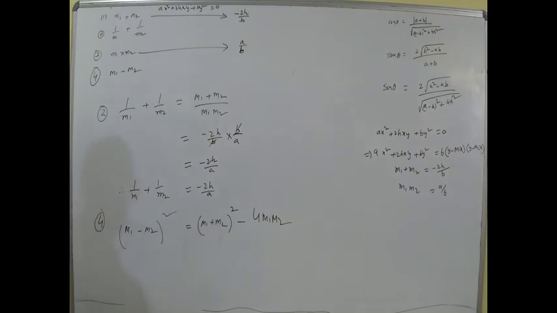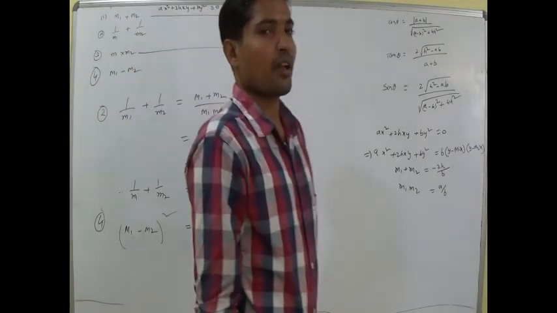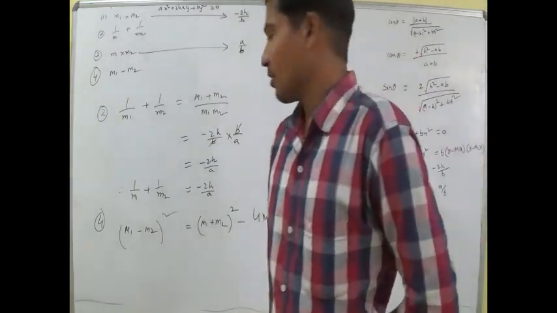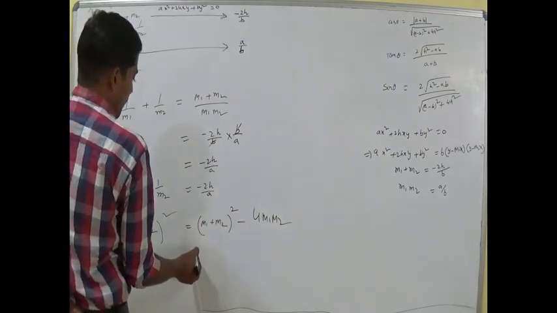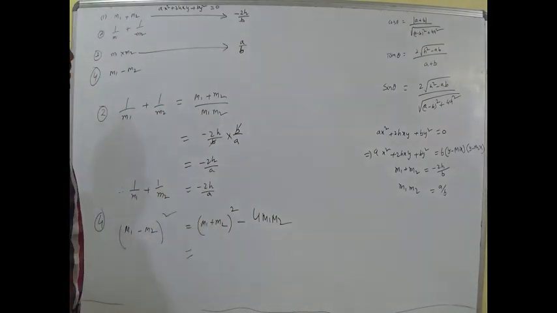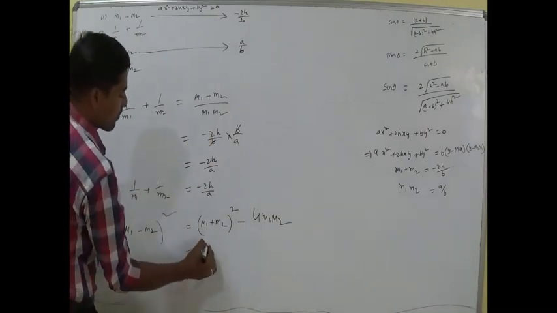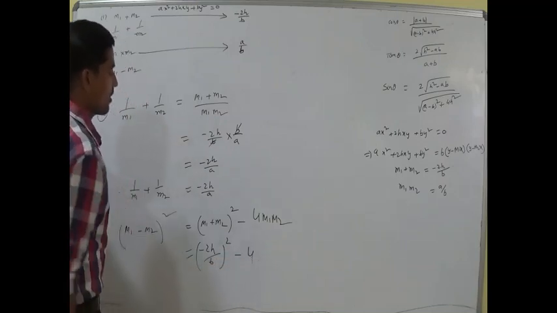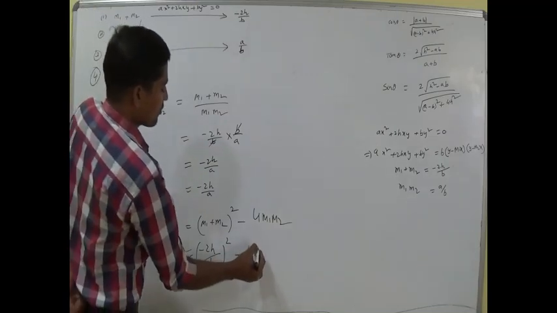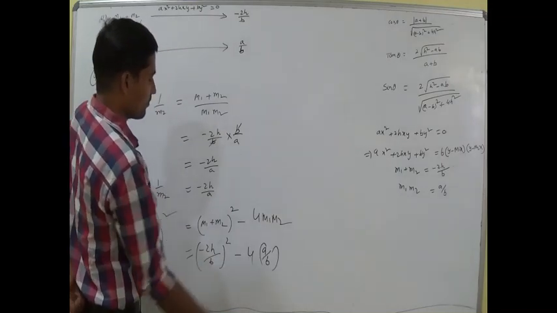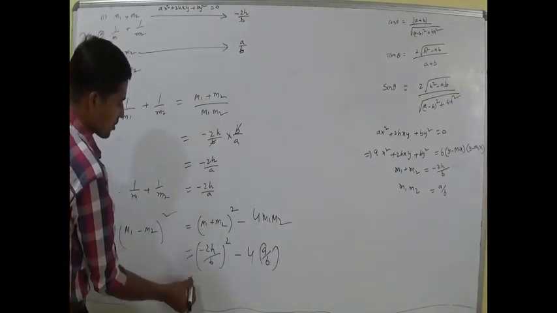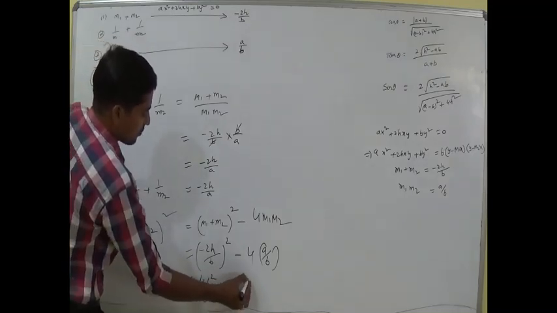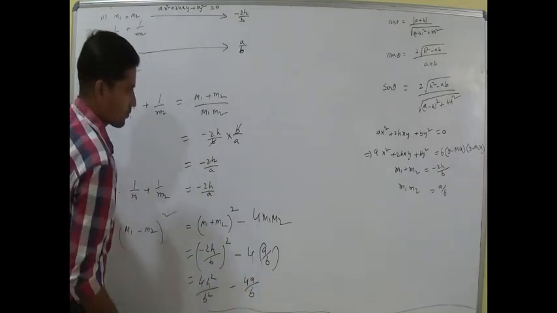This is the fourth one, because (a minus b) whole square equals (a plus b) whole square minus 4ab. So for m1 plus m2 we have the value minus 2h by b, whole square, minus 4 m1 m2, and m1 m2 is a by b. So 4h square by b square minus 4a by b.